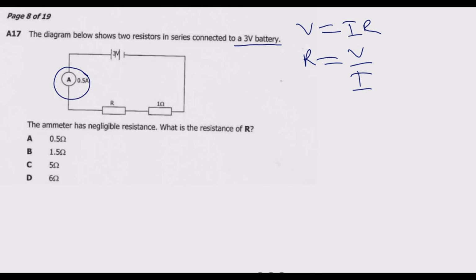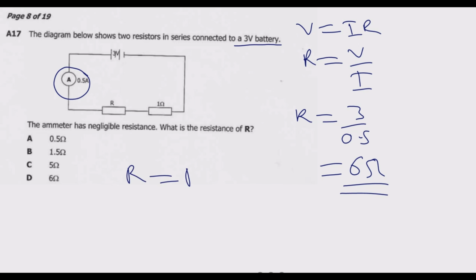So we can find the total resistance: 3 divided by 0.5, which gives us 6. So 6 ohms is the total resistance in this circuit. But we know that one is 1 ohm, and this is a series circuit. For a series circuit, the total resistance is just the addition.